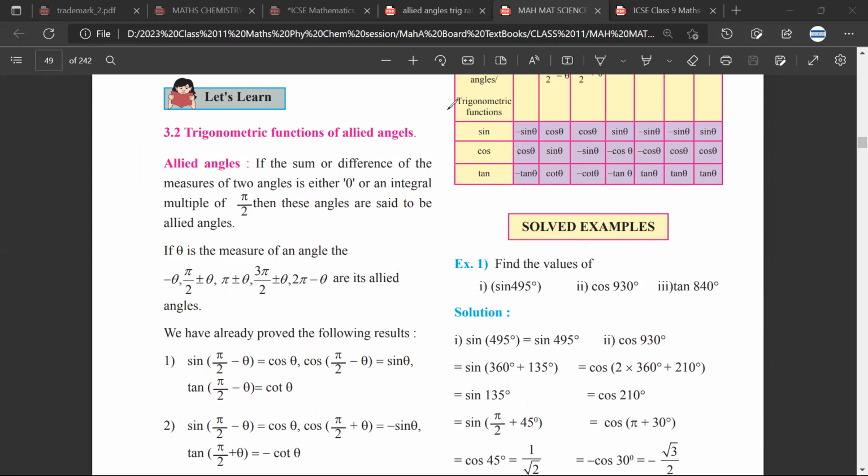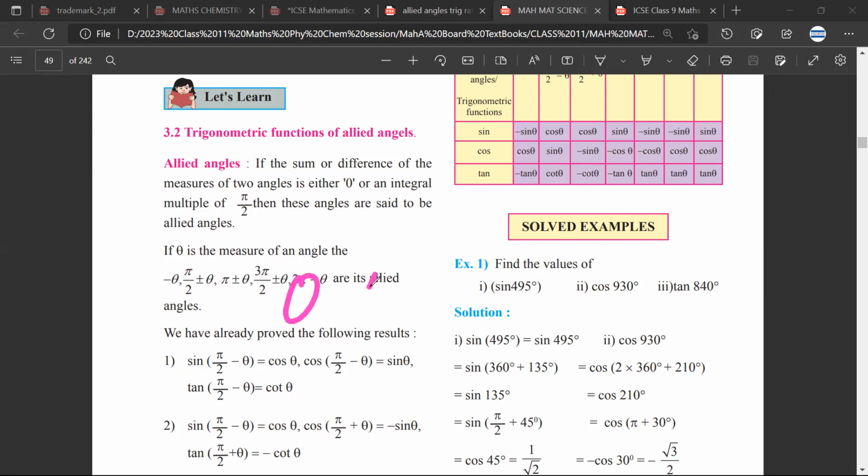And I reiterate, you don't require the definition of allied angles because you are a medical student. But just to tell you, if somebody asks you, allied angles are angles whose sum or difference is either 0 or an integral multiple of pi by 2. And what is an integral multiple of pi by 2?